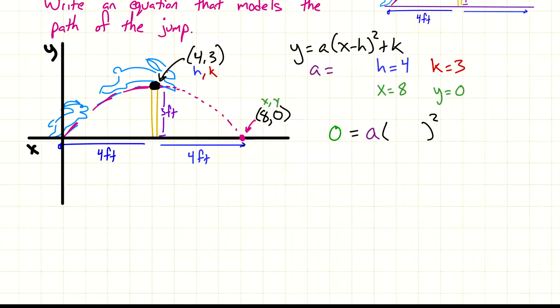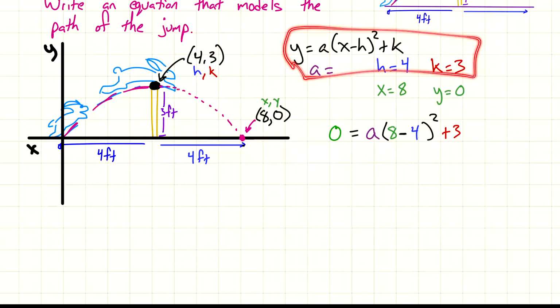We have x minus h. So x is going to be 8. And don't forget that minus is always part of the equation. And then we have h is equal to 4. And then we have k is a 3, so that's a positive 3. All right, so we pretty much plugged in everything we have. And you'll notice the only thing missing is the a value. So once we figure out what the a value is, then we'll have enough to write an equation.